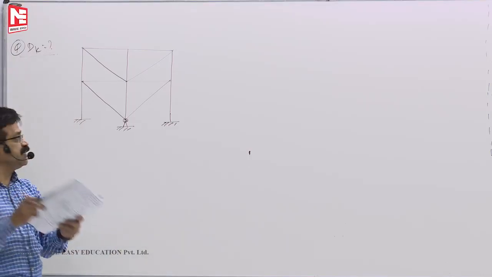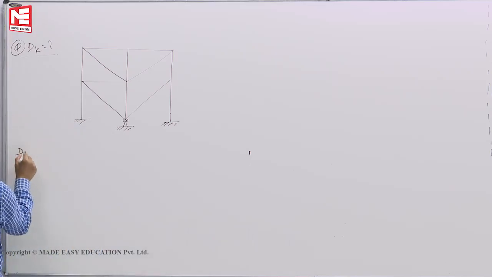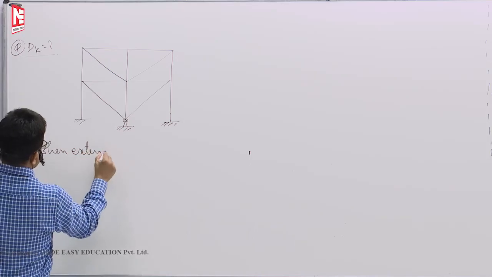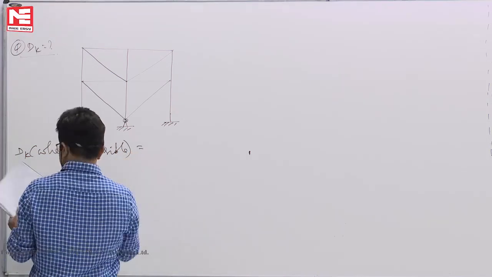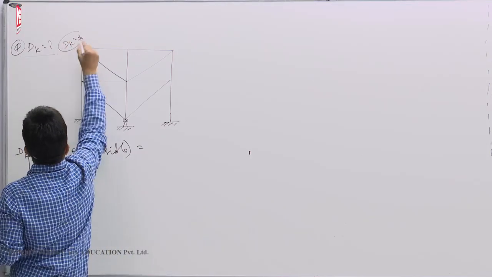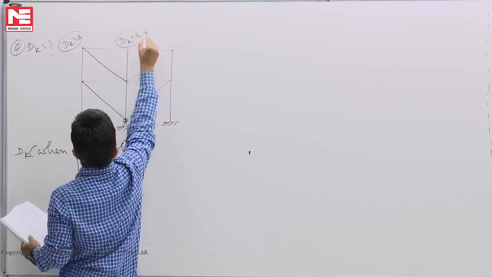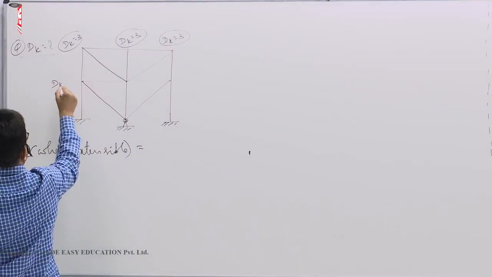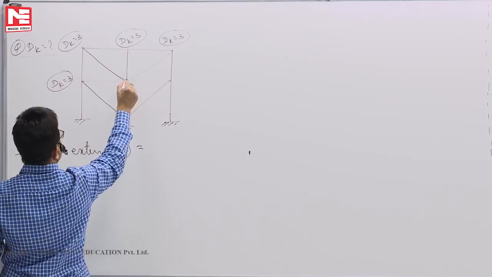So, accordingly, dk when extensible. Count them. Here dk how much? 3. xy rotation. Here also dk is 3. dk is 3. Here dk is 3. Here there was a pin connection.